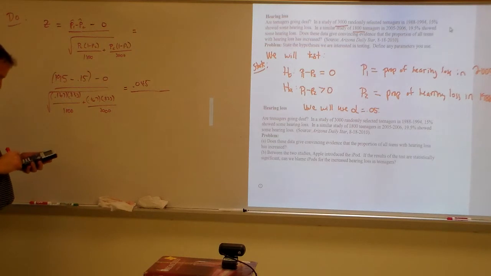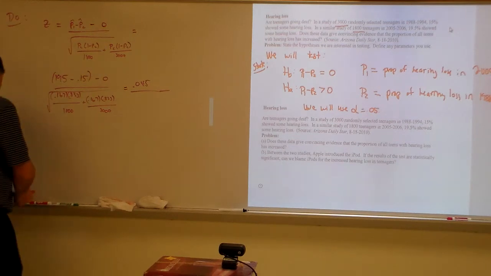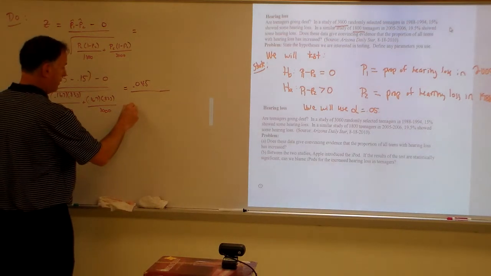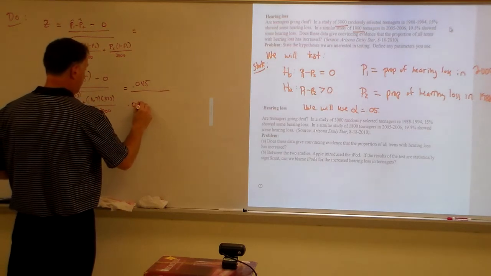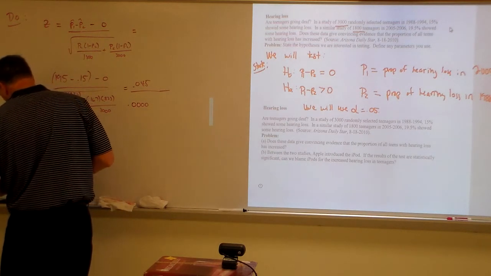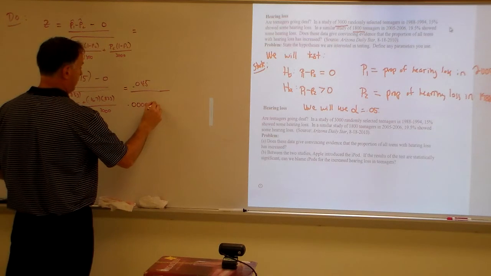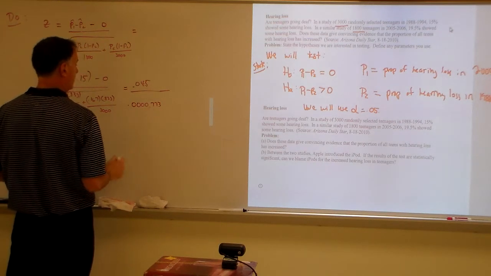0.167 times 0.833 divided by 1,800 equals, oh boy, decimal point, 0, 1, 2, 3, 4, 0.773.